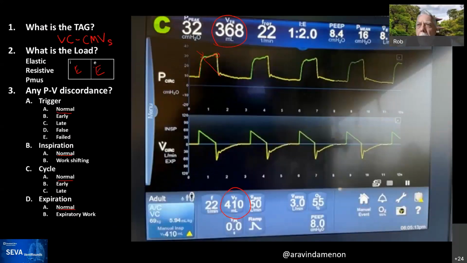What is BTPS? Rob, do you want to talk about BTPS? Yeah, it stands for body temperature and pressure saturated. All modern ICU ventilators assume that the gas going into the patient is going to be heated, either by a humidifier or by the patient themselves, which means that the volume of gas increases, not only because of the temperature expansion, but also because of the addition of humidity.